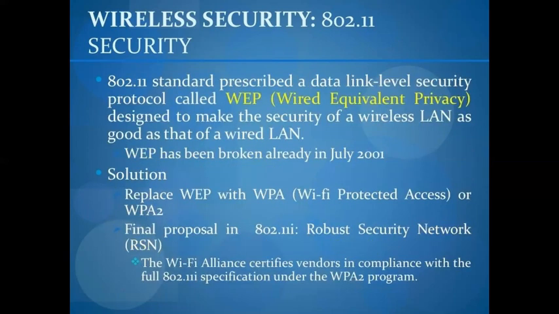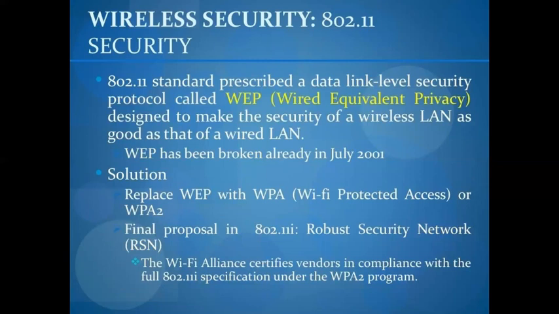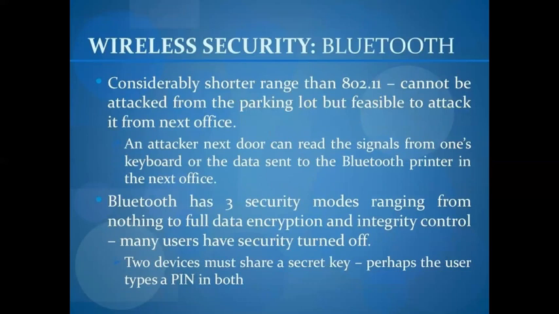For wireless security, the 802.11 security standard provides the data link protocol for WEP, Wired Equivalent Privacy, which is designed to be replaced with WPA. The final proposal, 802.11i, proposed a security network like RSN. Wireless security for Bluetooth has a considerably shorter range than 802.11.